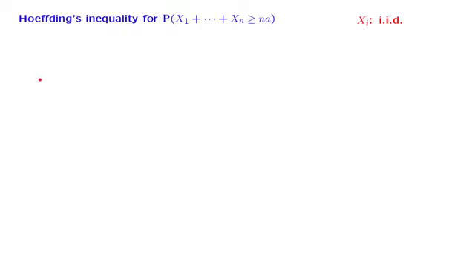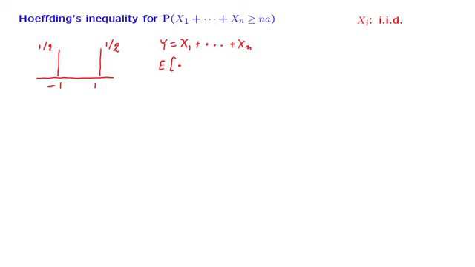The random variables, the xi's, are equally likely to take the values -1 and +1, with equal probability. And we're interested in the random variable y, which is the sum of the x's. What do we know about this random variable?